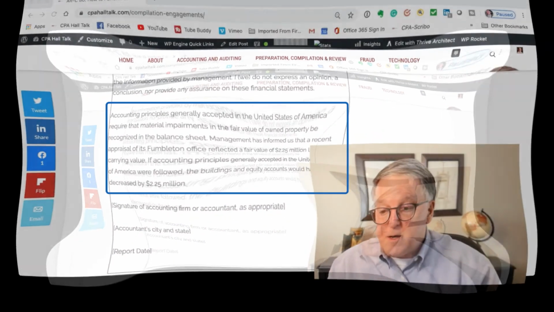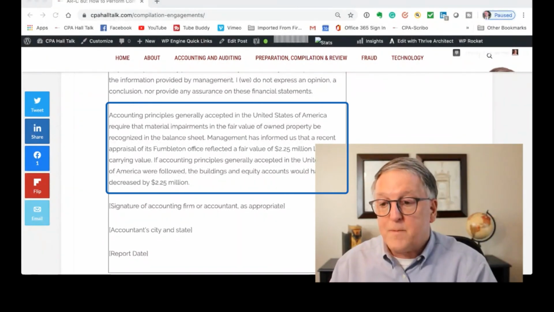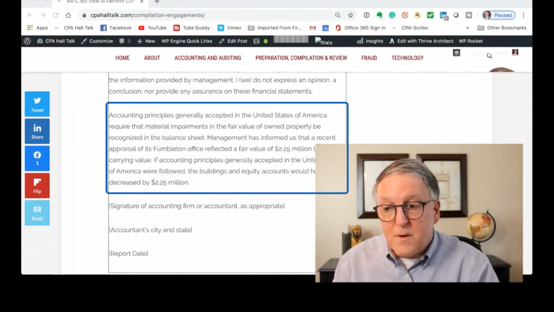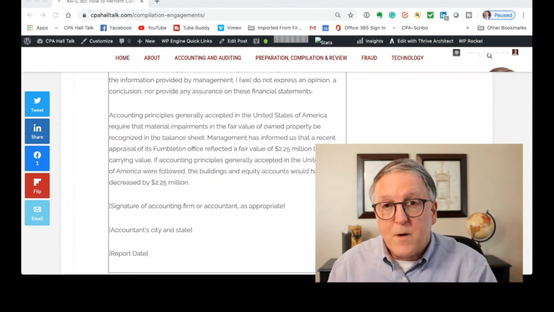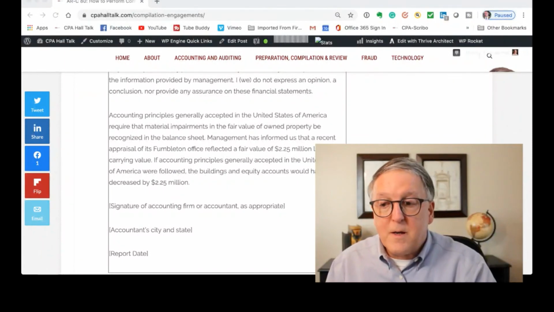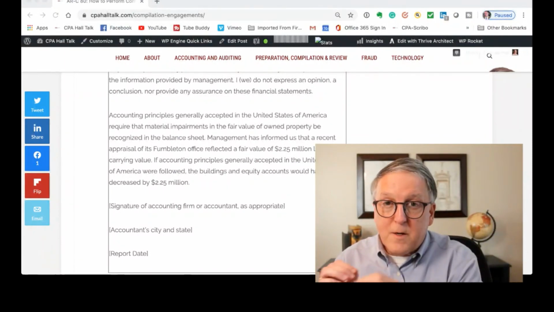It just says accounting principles generally accepted in the United States require that material impairments in fair value of owned property be recognized in the balance sheet. And then it goes on to disclose that that impairment was not recognized. So here we have a departure from the basis of accounting, and it is articulated in the compilation report.